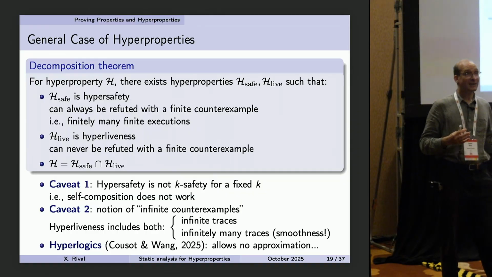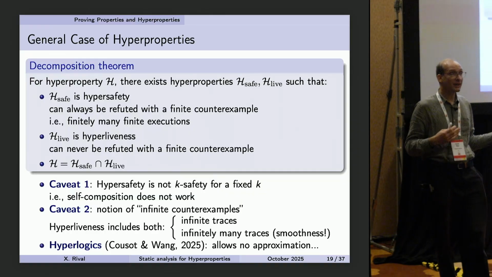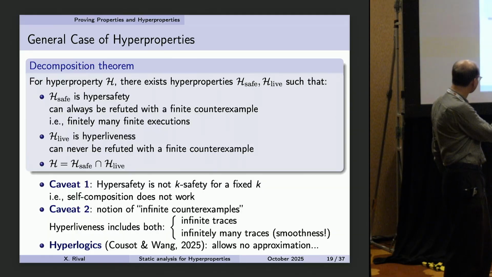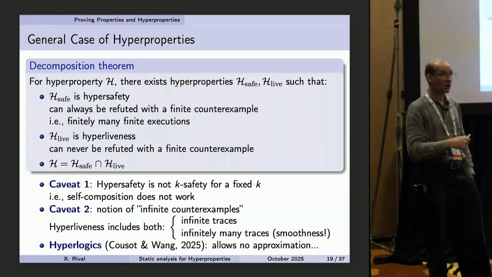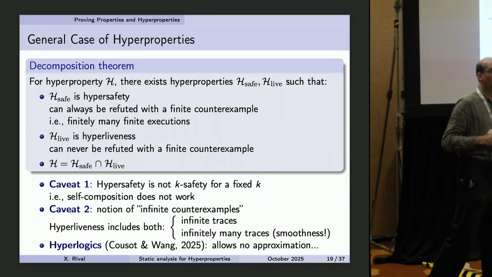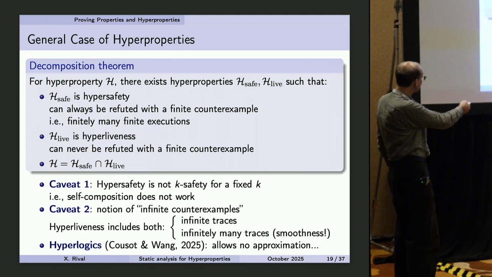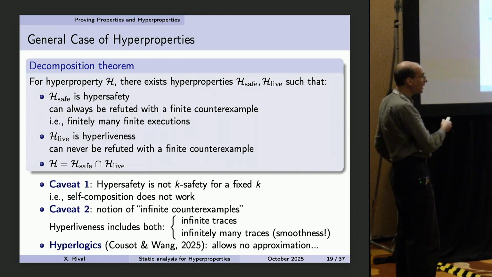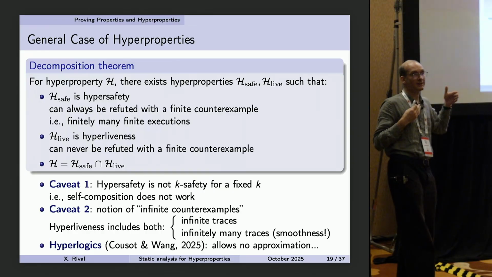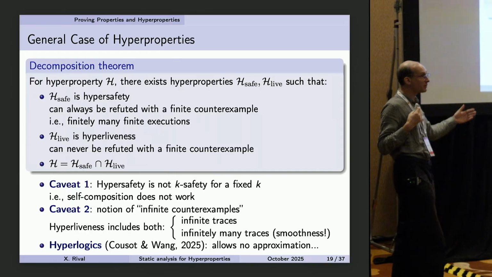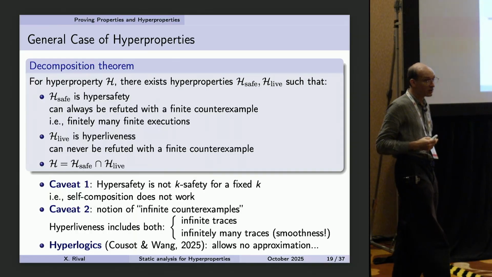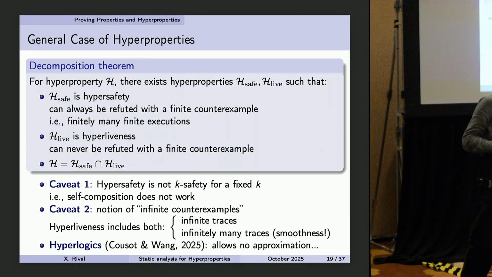That's very nice, but the first piece of bad news comes here. Hypersafety is not k-safety for any k. So the self-composition technique I just mentioned will not work, because it could be that you can decompose the property this way with unbounded sizes of counterexamples. You have no fixed k such that any counterexample is of size at most k executions. That means that the self-composition technique will not work here.